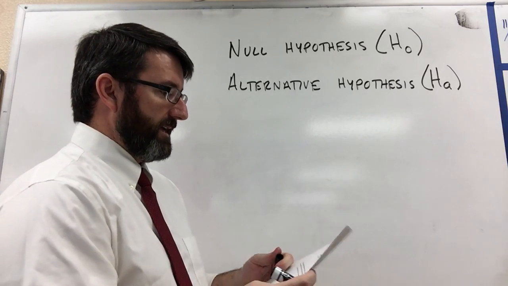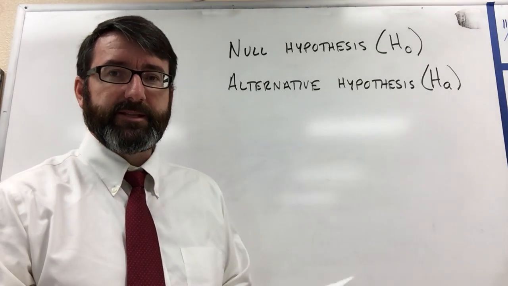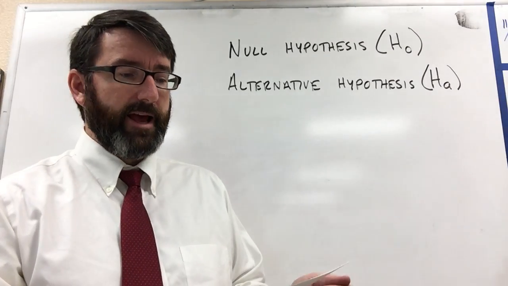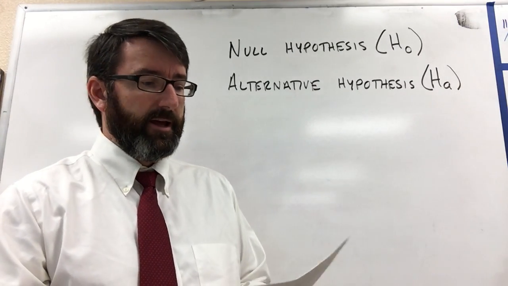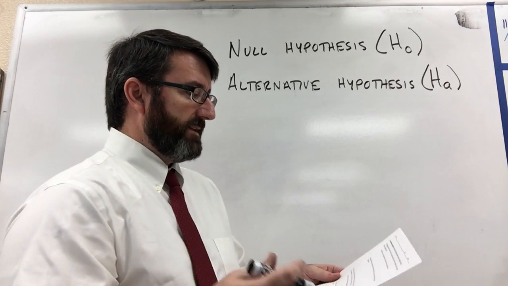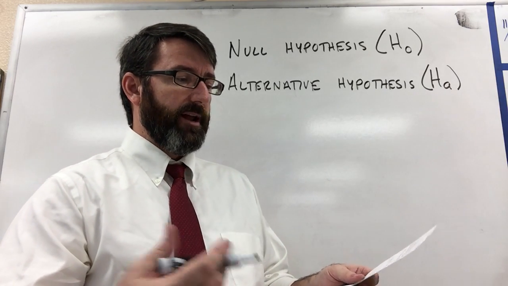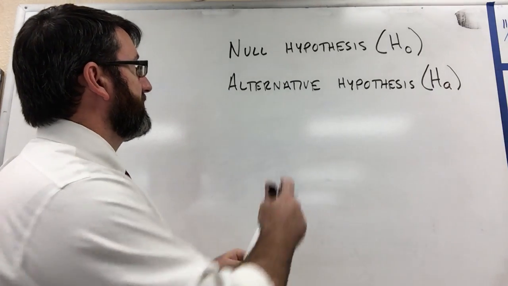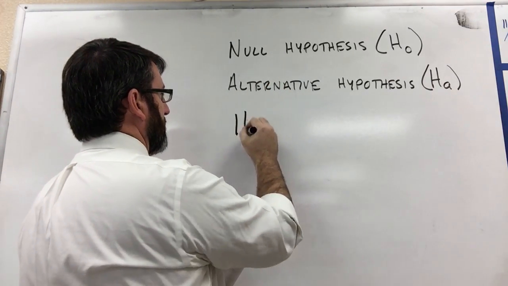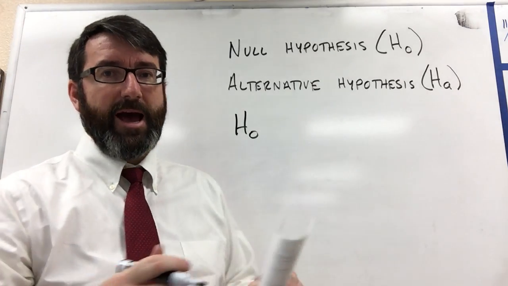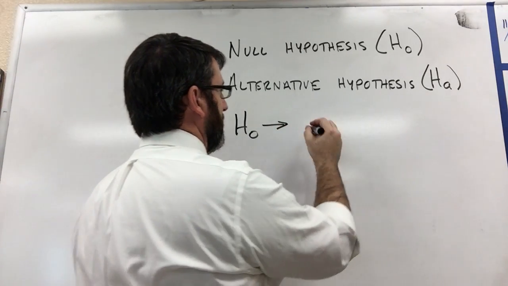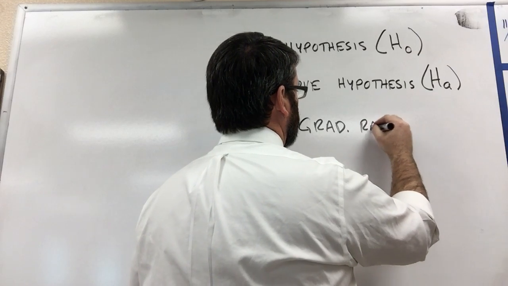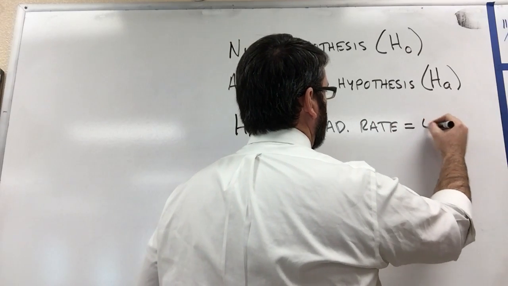Number one says a college president claims that the 6-year graduation rate at her college is higher than the state average of 42%. And part A asks us to state the null and alternative hypotheses for the hypothesis test. So the null hypothesis, remember, is that nothing is going to happen. So the null hypothesis is that the graduation rate is equal to 42%.